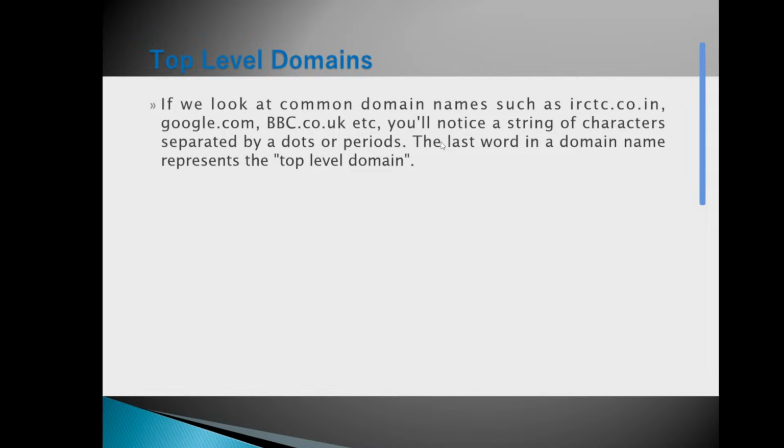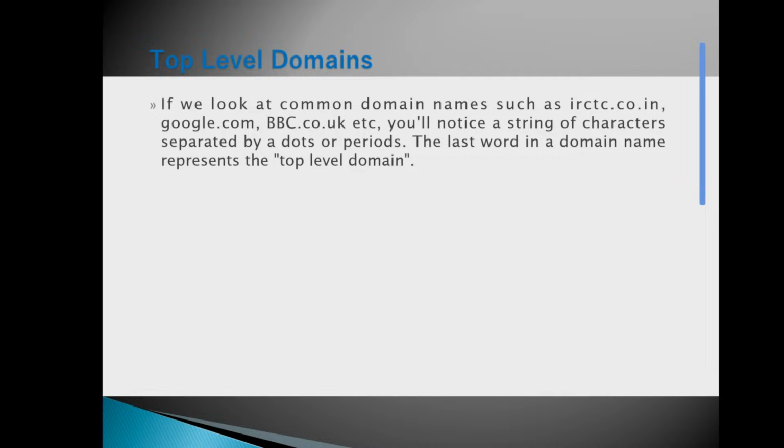Now let's understand the domain. Let's understand DNS, the human-friendly URLs which we paste over the internet. First of all, you have to understand what a top level domain name is.